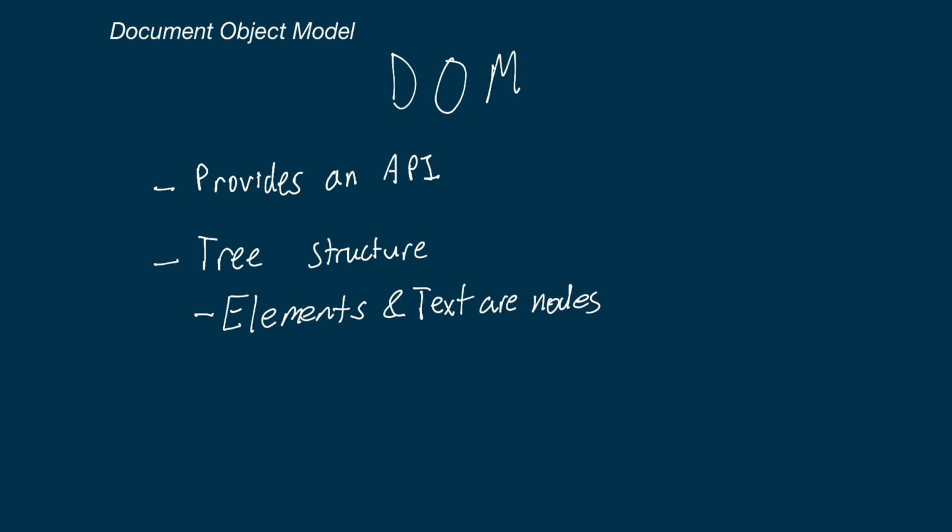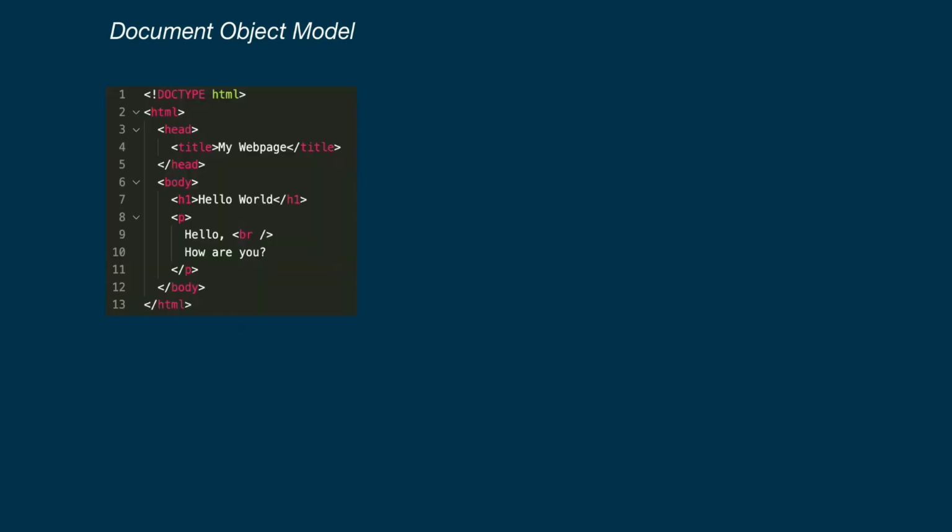The way this works is that it stores each of the elements in our HTML file, so each tag, as a node in the tree. Additionally, text will also be stored as a node, as well as a few other less common types of nodes, such as comments. And I think the best way to understand this is to just go ahead and look at an example and create a document object model tree from scratch. So let's go ahead and do that now.